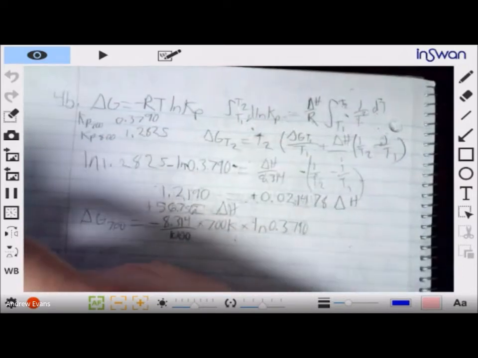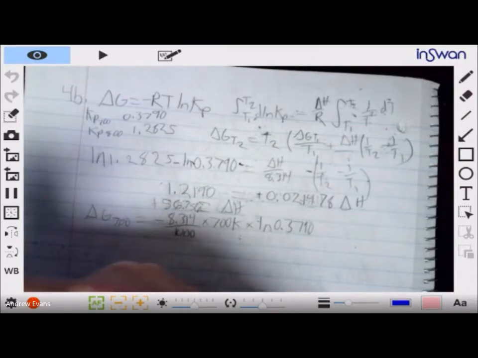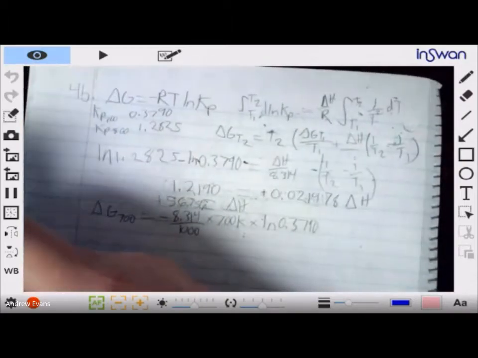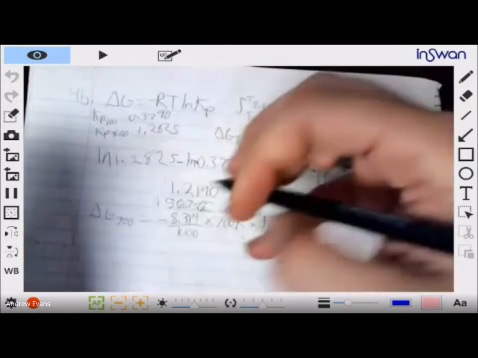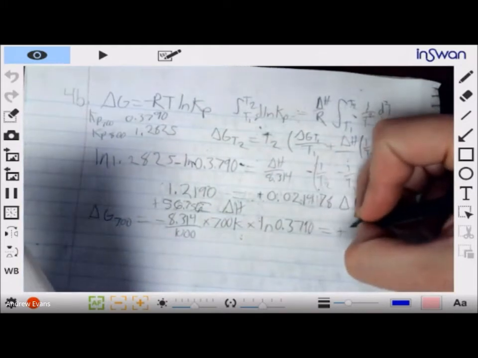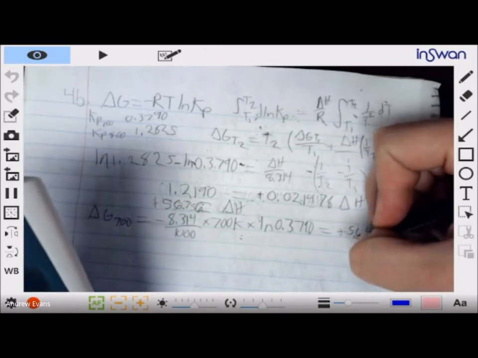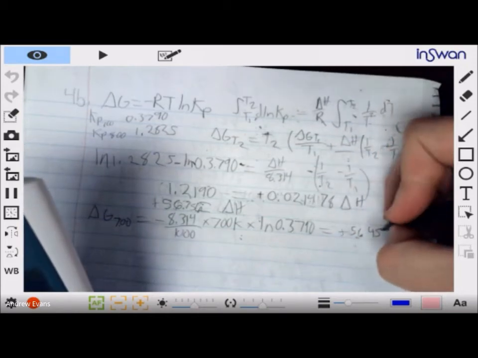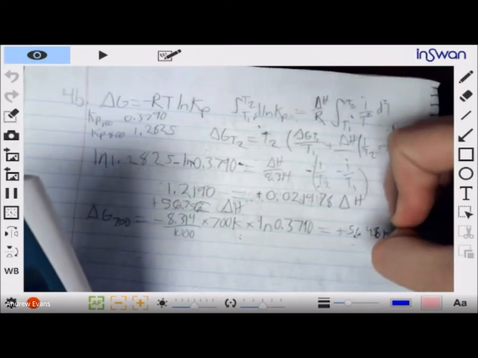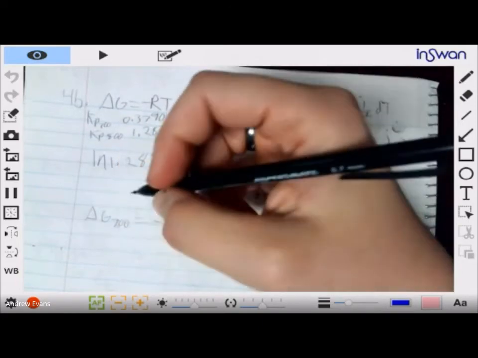So ln 0.3790 times 700 times 8.314 makes this a positive 5.646 kilojoules.